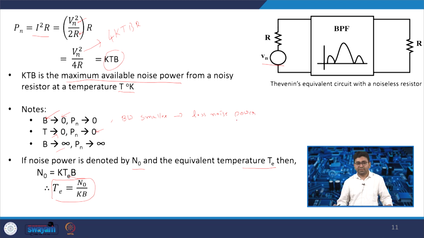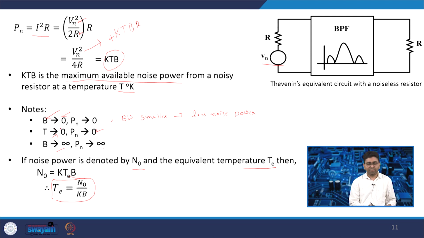As in current RF systems we are increasing the bandwidth higher and higher, the noise power will also increase. So, there is always a trade-off between bandwidth and noise. If your bandwidth is increasing, your noise power will increase.